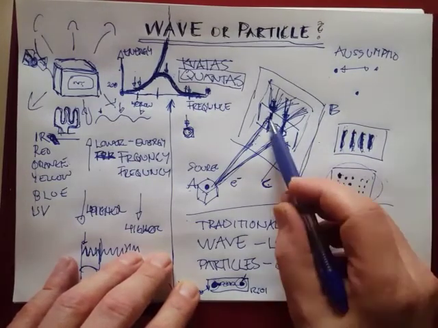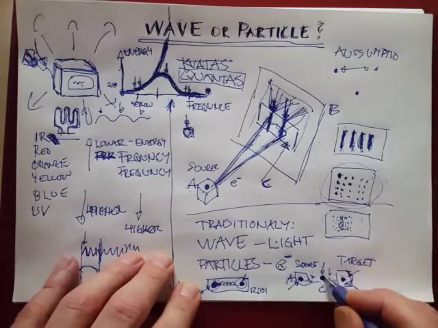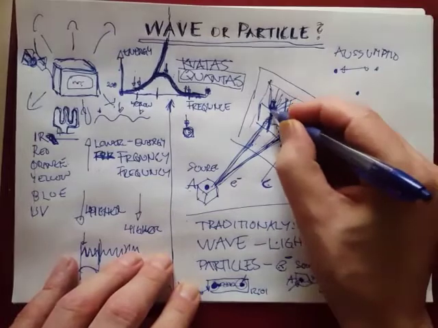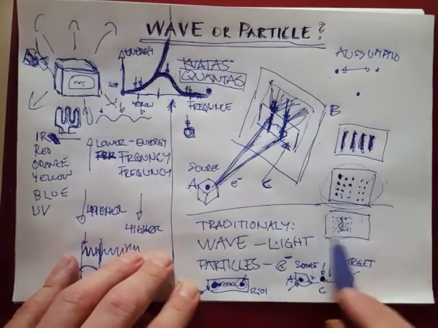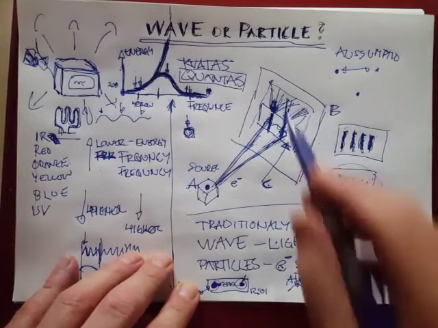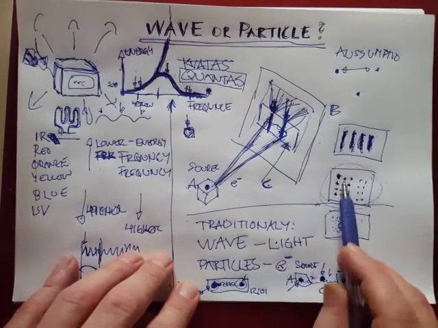And it's kind of proven, because if we try to detect the particle here, then the interference pattern goes away, and we have this particle pattern here. So if we try to confirm that it is a particle, the interference pattern goes away.